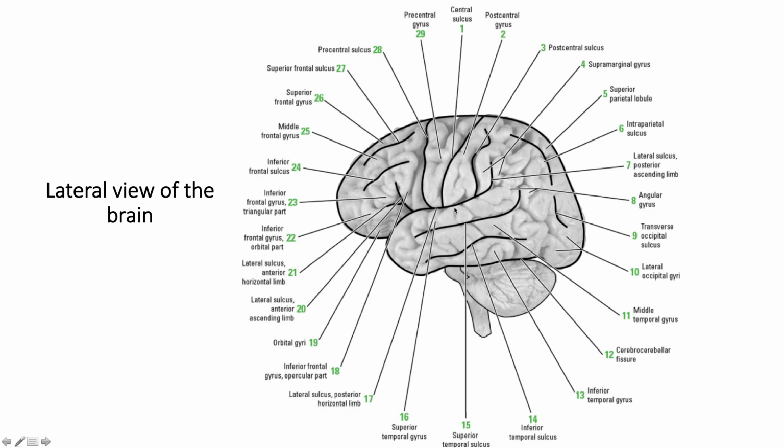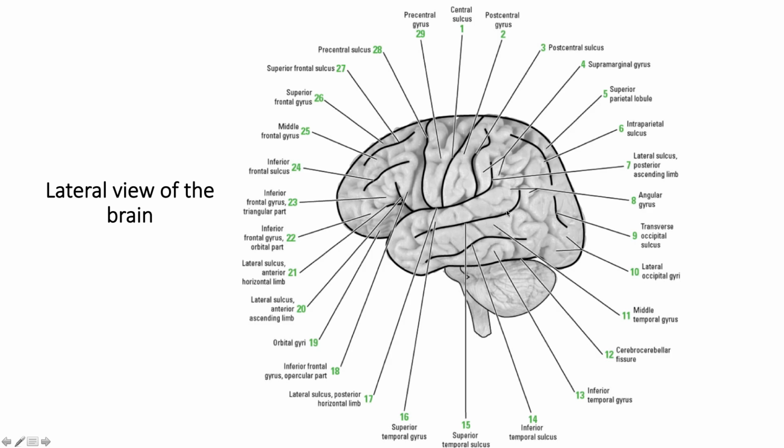Here you can see the central sulcus, and all the way at the end of the central sulcus you have the supramarginal gyrus. Then the temporal lobe can be split up into three gyri as well. We have the superior temporal gyrus, middle temporal gyrus, and inferior temporal gyrus. And then those gyri are split up by sulci.